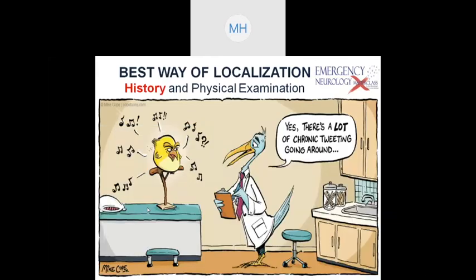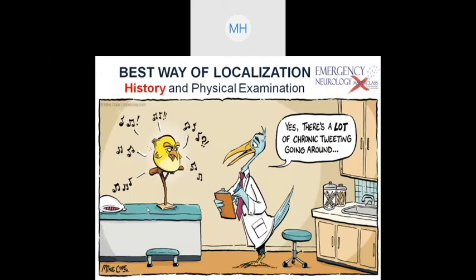The best way to localize is not from a CT scan; it's actually from your history and physical examination. One tip I got from my neurosurgical colleague is to arrange your history based on your physical examination. When you ask the patient accordingly, you realize that your physical examination is actually a confirmatory test for your history.